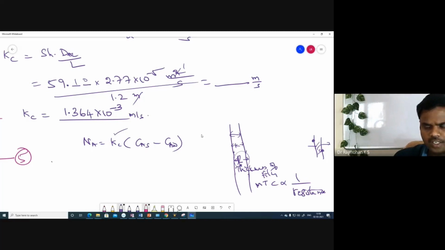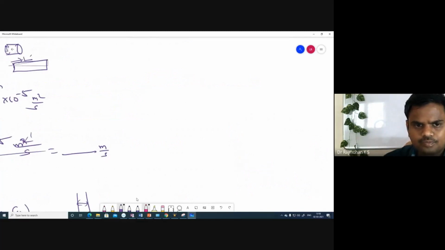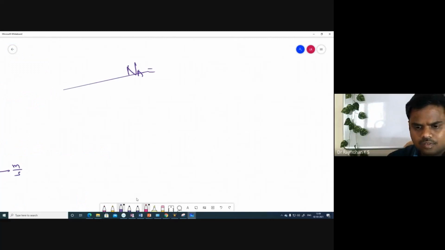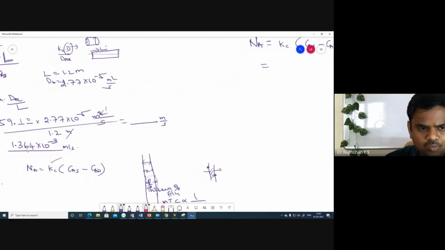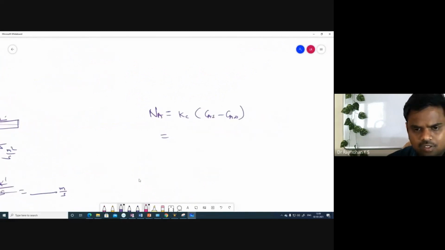So we have Na is equal to Kc into Cas minus Ca infinity. So please take the values that you have calculated and substitute. 1.364 into 10 power minus 3 meter per second, into what is Cas minus Ca infinity? We have already calculated them.